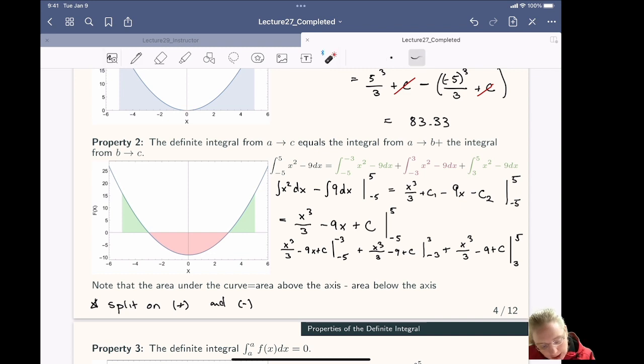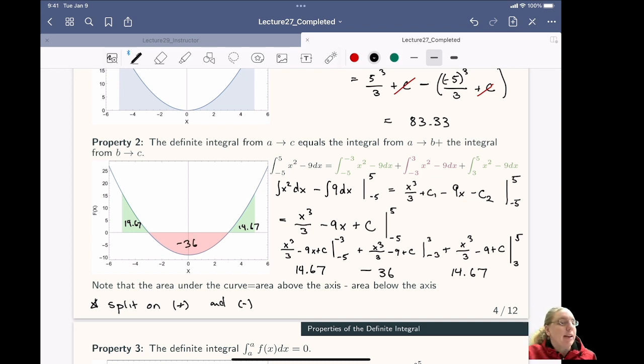This gives us the first integral, the second integral, the third integral. Plugging in the numbers, I get 14.67, minus 36, and 14.67. So the area under this curve is 14.67, 14.67, and here in the red space I have a negative area of minus 36. All right.